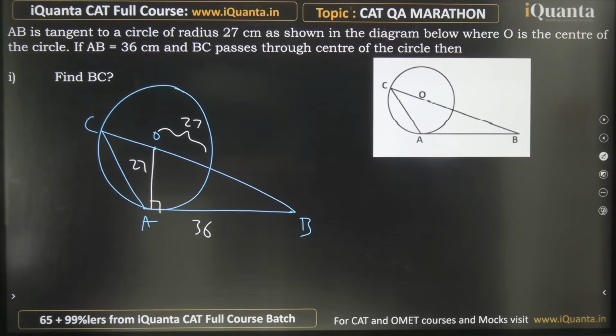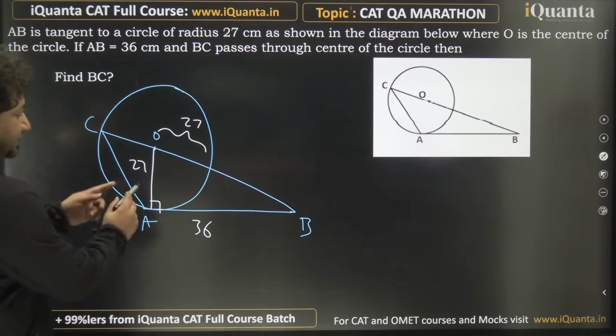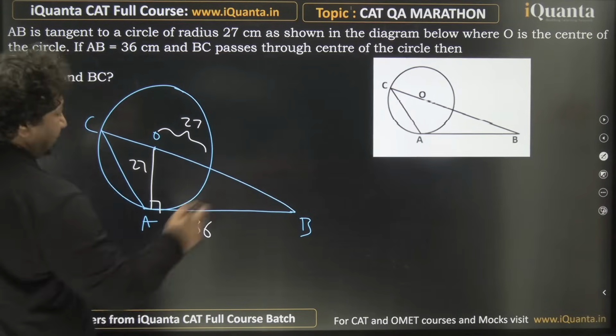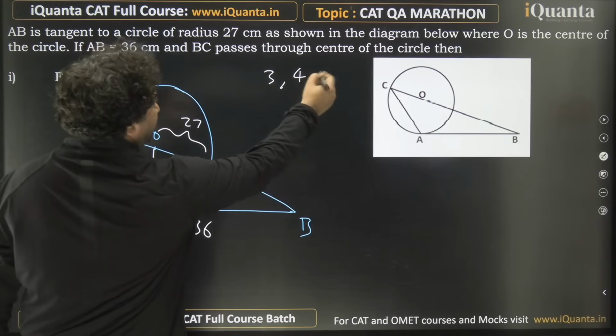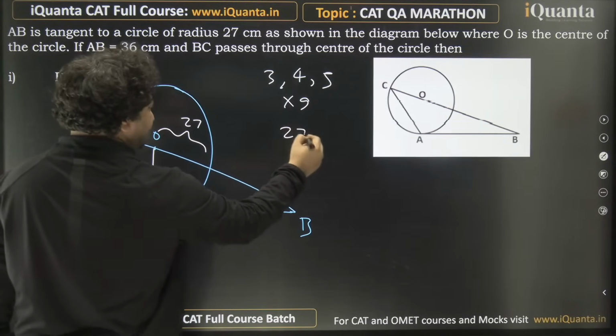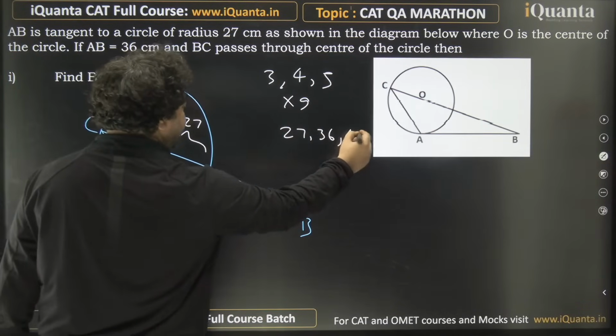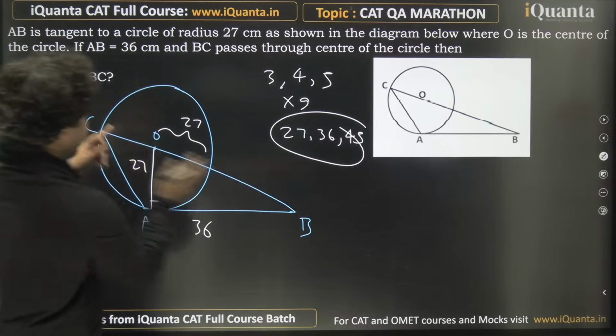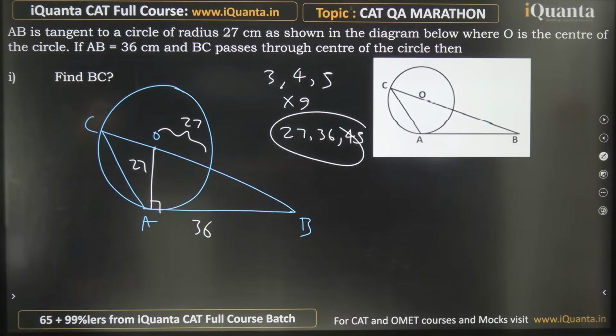You can use the Pythagoras theorem, or you can use triplets. This is 3 into 9. This is 4 into 9. This has to be 5 into 9. So take 3, 4, 5 times 9. You get 27, 36 and 45. This whole will be 45 plus 27. You got the answer.